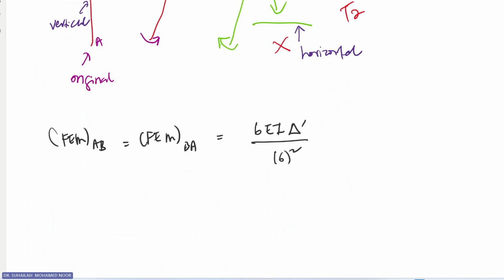So this is negative 100. EI is constant. EI for AB is constant. Delta for AB is delta prime. L for AB is 6. So this is equal to negative 100.